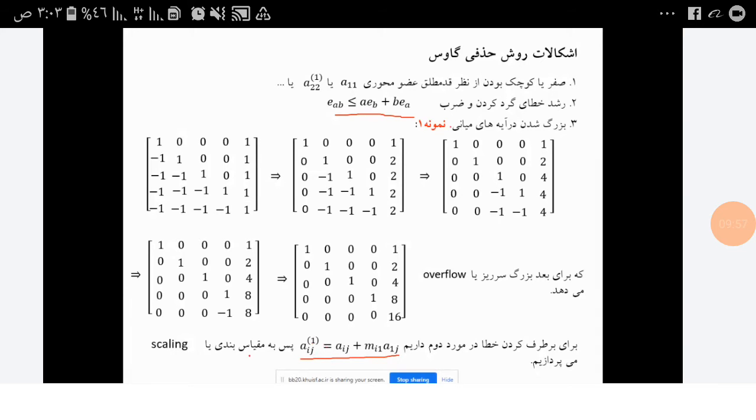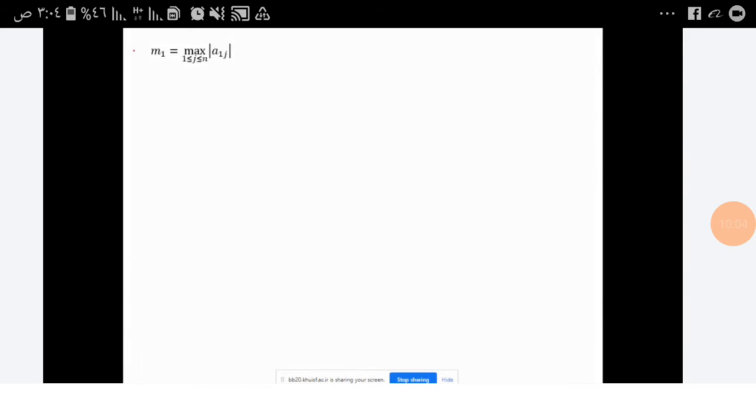Okay, we use scaling. We define m1 equal to the maximum absolute value of a1j for j between 1 and n. That means we find the maximum entry in the first row.